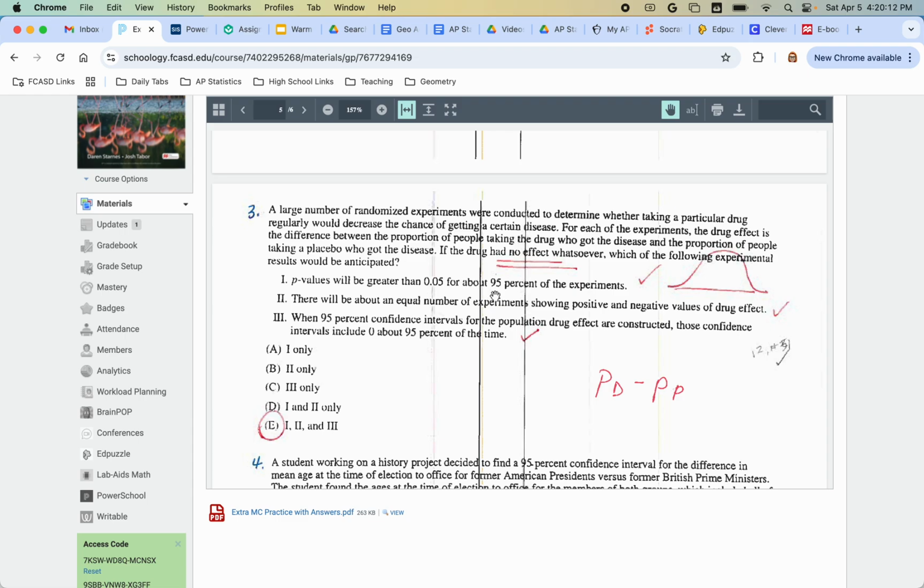So if you were using an alpha of 0.05, you would only reject if you're less than alpha. So what this is saying is if there's no effect, we're more likely to not reject, so we're more likely to fail to reject. So we should be failing to reject about 95% of the time.